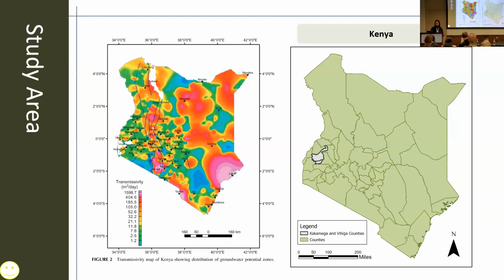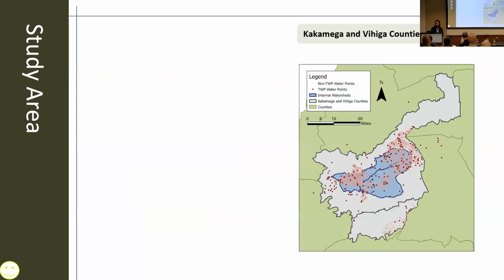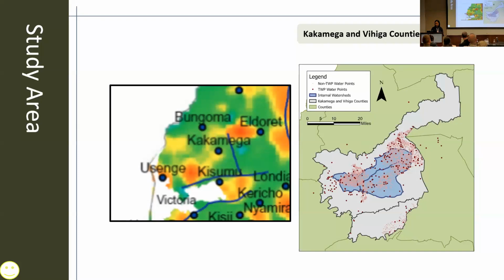And this is our study area. We are focused in Kenya, and we zoom in. This is the watershed boundary we specifically focus on. We did not focus on the administrative boundary because to model, we need to mimic the natural hydrology size.